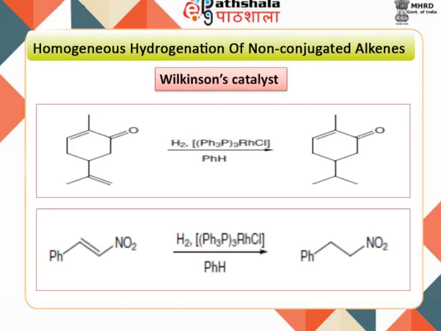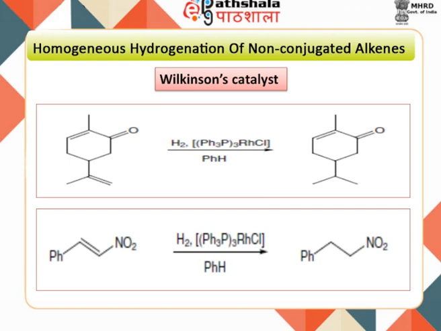For homogeneous hydrogenation of non-conjugated alkenes, Wilkinson catalyst is an extremely efficient catalyst at ordinary temperature and pressure. Functional groups such as ketones, cyano, nitriles, and chlorides are not reduced under these conditions.